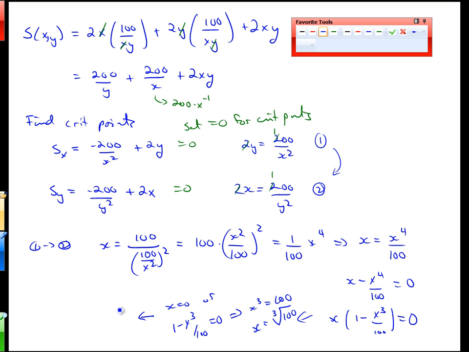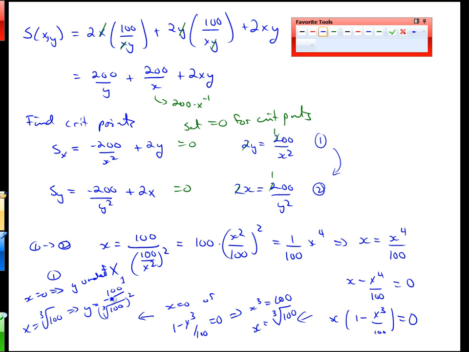So last but not least, if we have x equals 0 and we put that back into 1, y is going to be undefined. That's bad. So we're going to throw that one out. If x equals the cube root of 100, though, then y is going to equal 100 over x squared, the cube root of 100 squared.